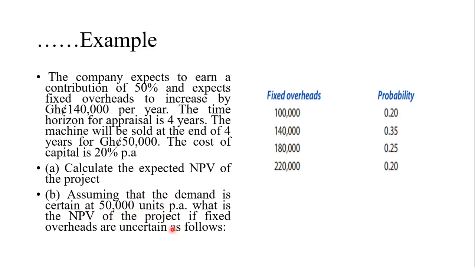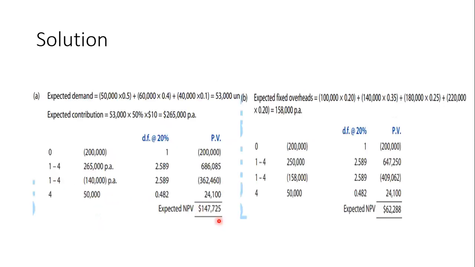In this case, we are told we are very certain about the demand of 50,000. No probabilities here. So we go through the same thing as before. The only different thing is that 50,000 is what we expect to have instead of 53,000 as expected demand.